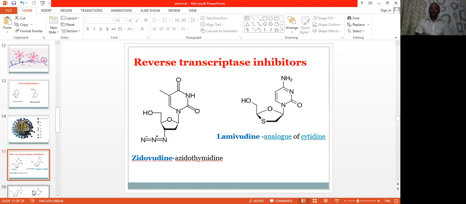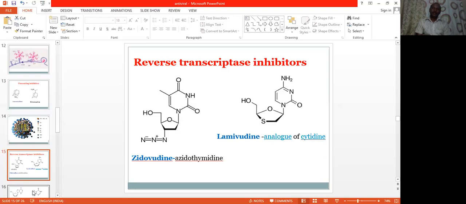For its replication, it has to use the host replication mechanism. So by using the host replication mechanism, the virus, like HIV, synthesizes DNA from RNA. Clearly remember this. So, reverse transcription.